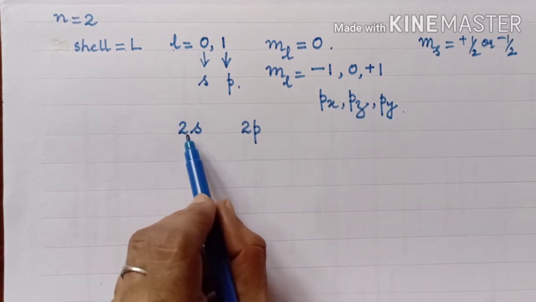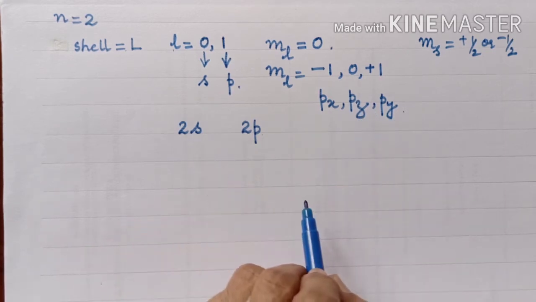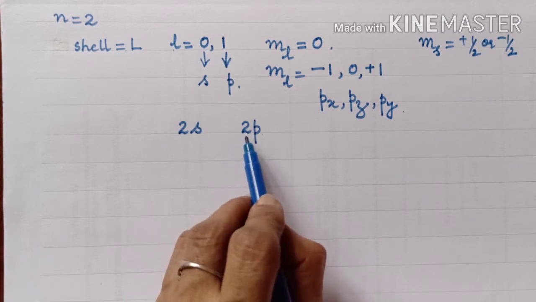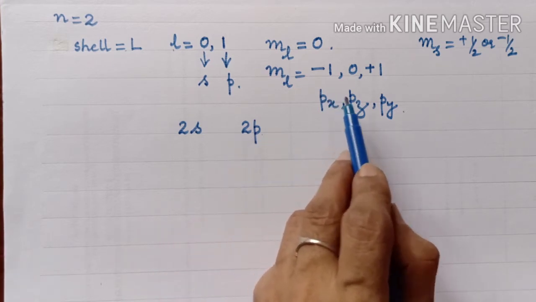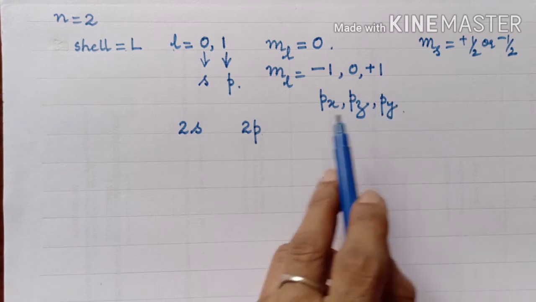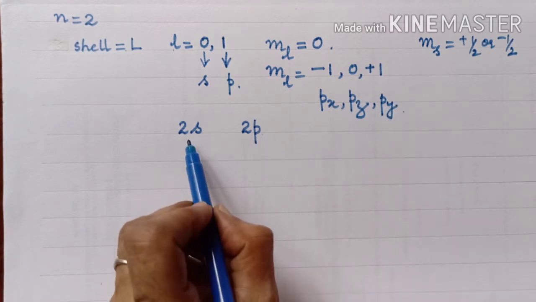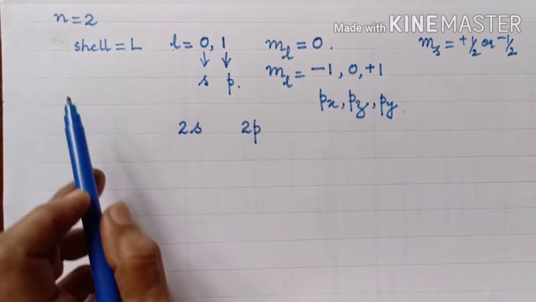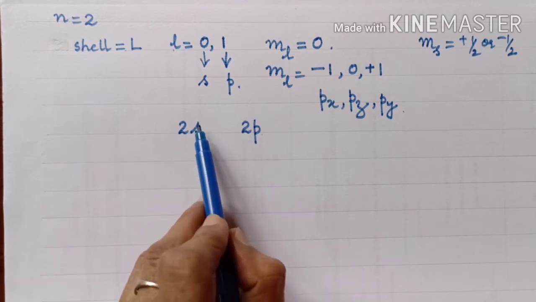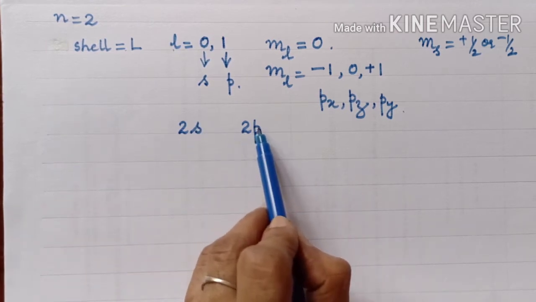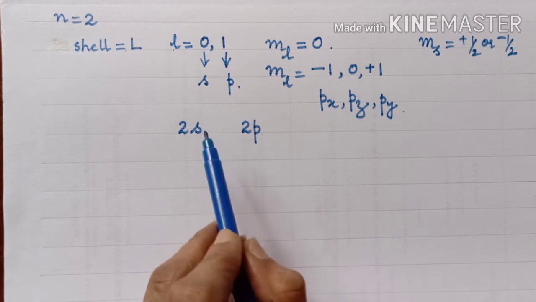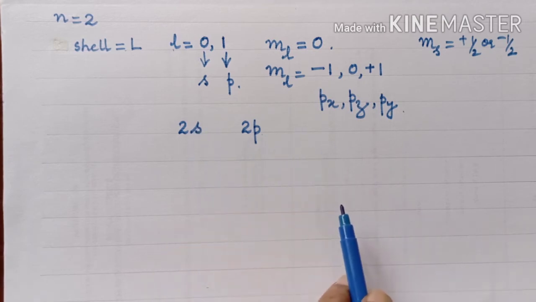So here maximum of 2 electrons can be there, whereas in 2p we can have 2 plus 2 plus 2, total of 6 electrons. So what will be the maximum capacity of the shell here? 2 electrons this side and total of 6 electrons this side. So 2 plus 6, total of 8 electrons can be accommodated.